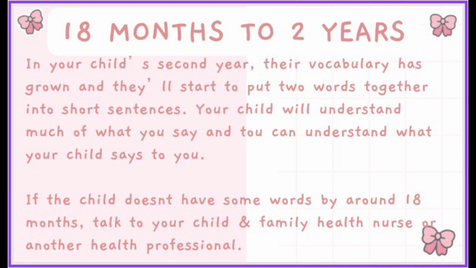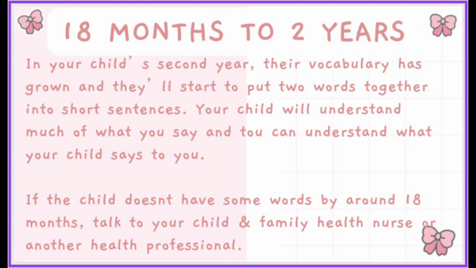In your child's second year, their vocabulary has grown and they'll start to put two words together into short sentences. Your child will understand much of what you say and you can understand what your child says to you.